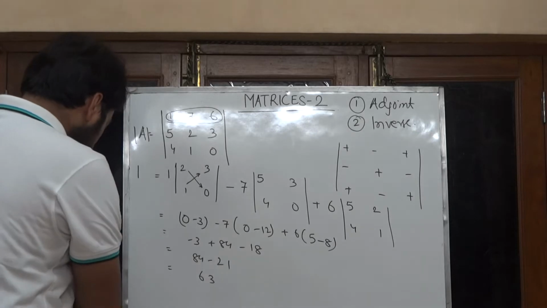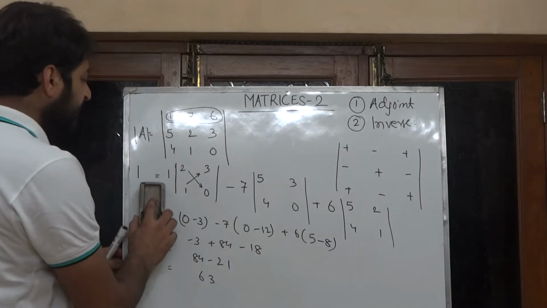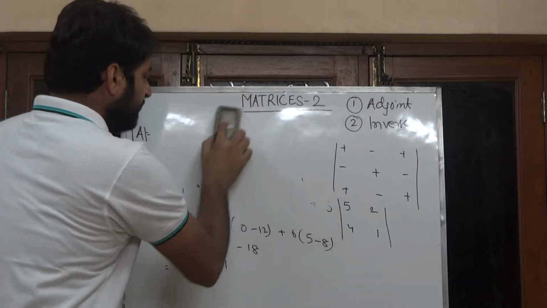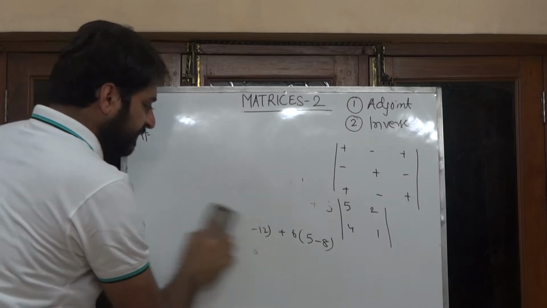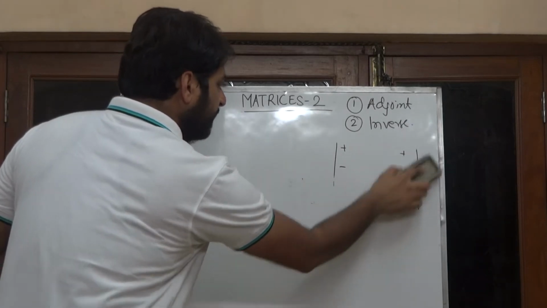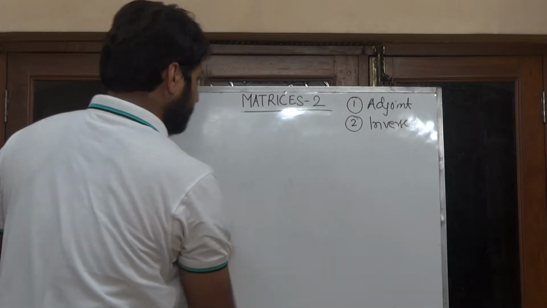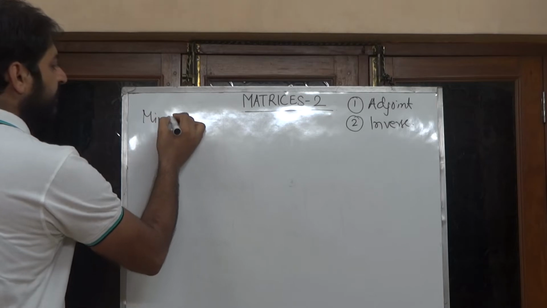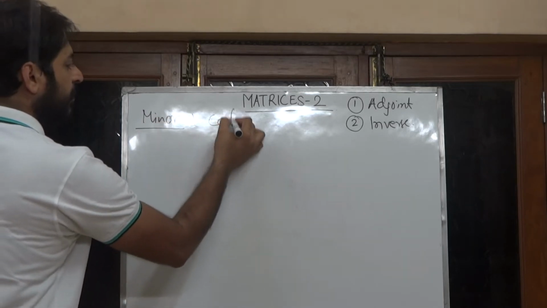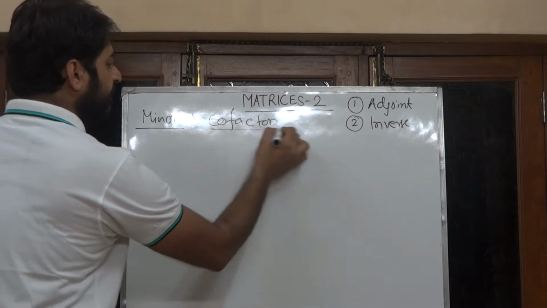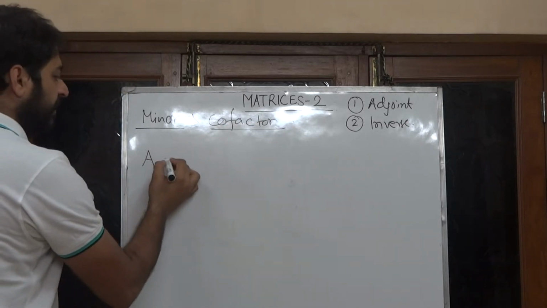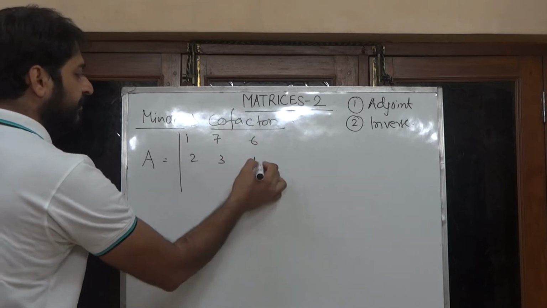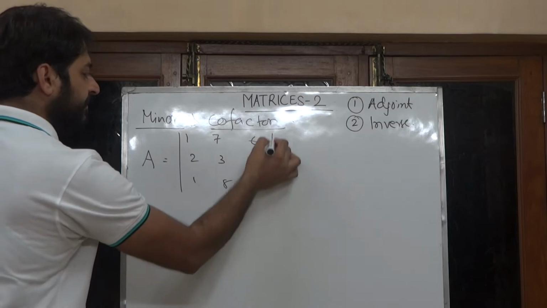Now, after this, let us understand the concept of minors and cofactors in a determinant. Suppose I take a determinant like this: 1, 7, 6, 2, 3, 4, 1, 8, 9.